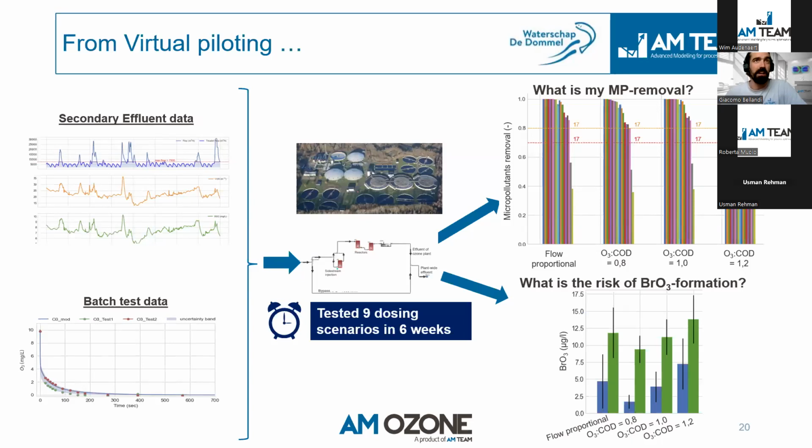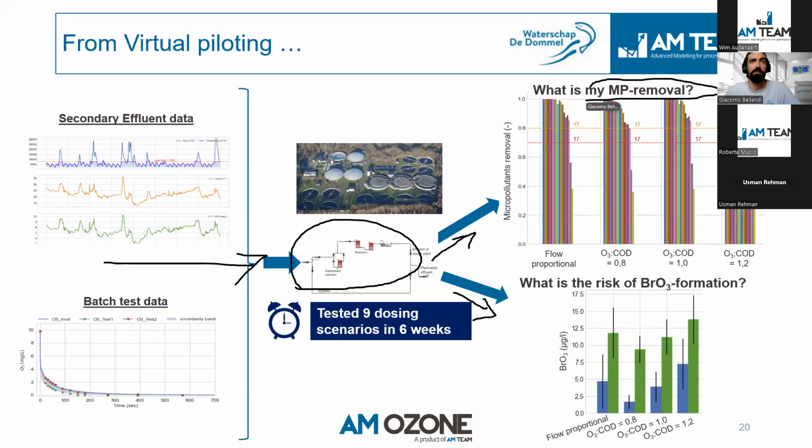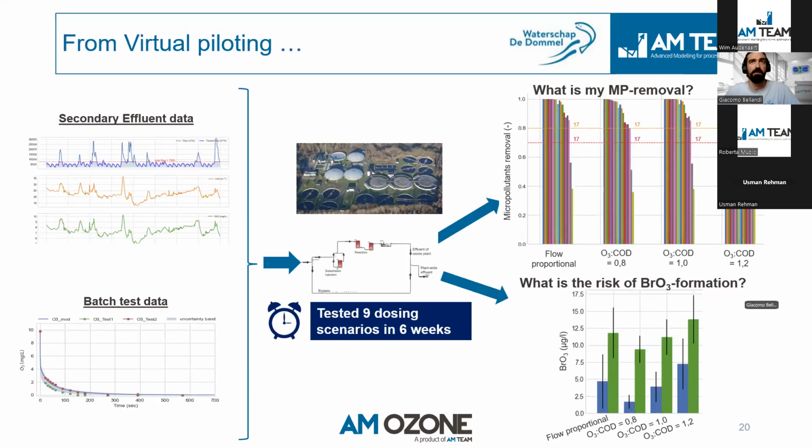What we typically start from is a real sample, real data that we feed into a virtual representation of the plant, simulating an ozonation plant that takes the effluent of a wastewater treatment plant or any other stream, and then we run simulations and we mimic what would happen if we apply an ozone dose in terms of micropollutants removal or bromate formation.